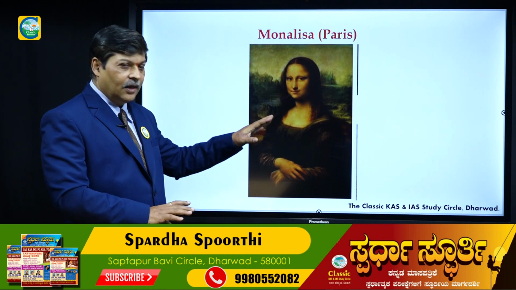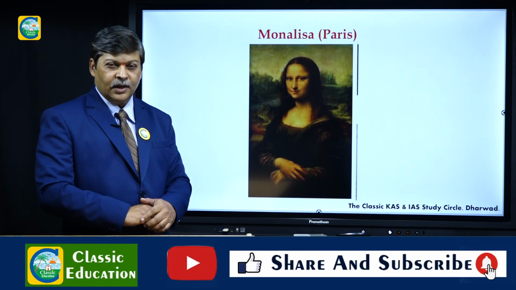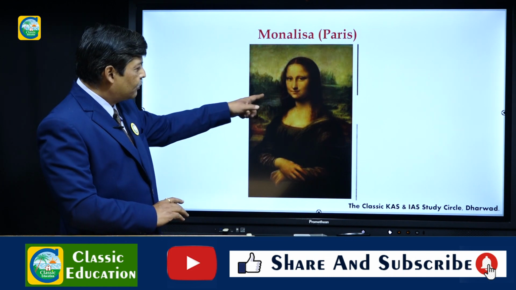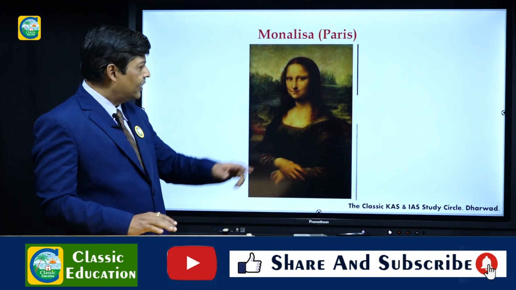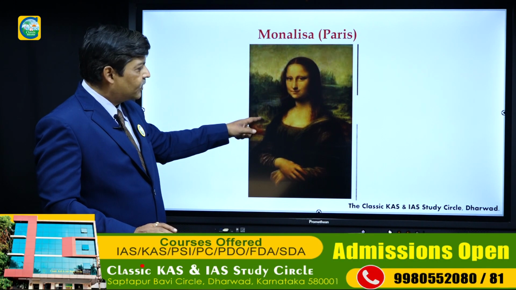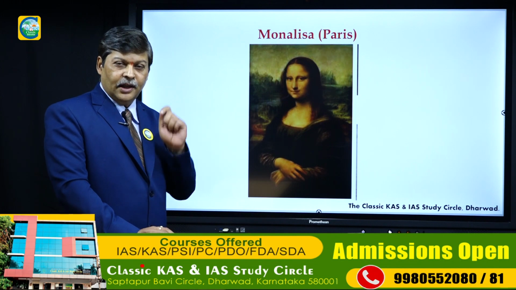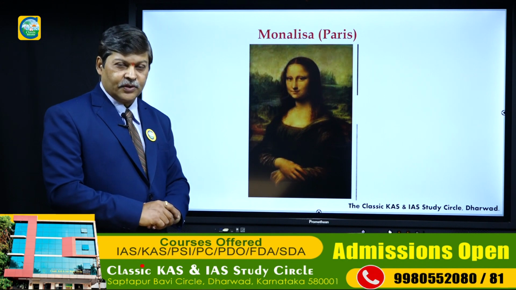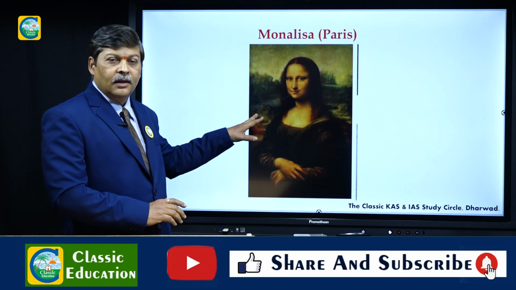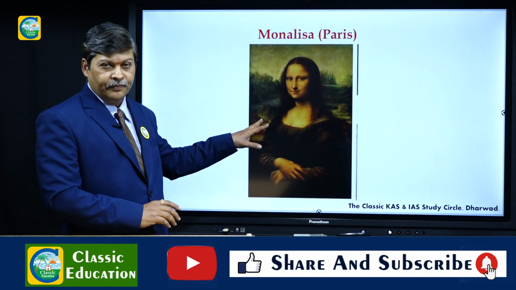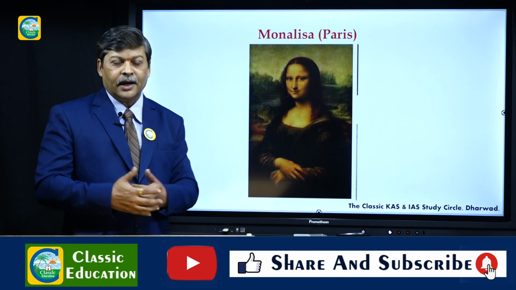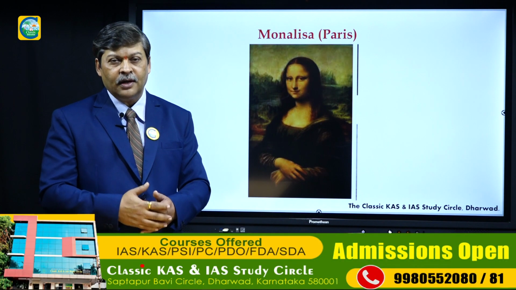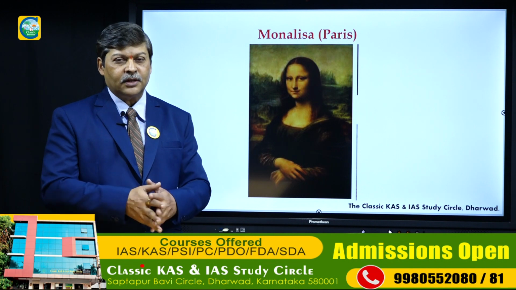And when the word Mona Lisa is used, to our mind comes the famous smile, the smile of Mona Lisa, which is today exhibited in the Louvre Museum of Paris, where you can see the original painting. The painting has been well restored today, because some years back it had been stolen from the Louvre Museum, but it was recovered and restored, and a lot of conservation is going on.